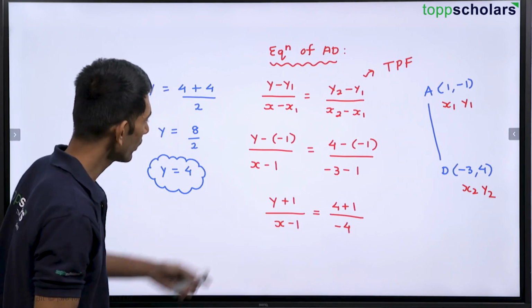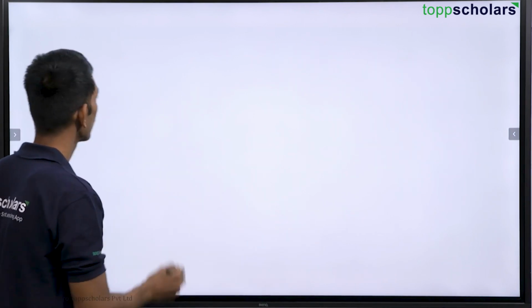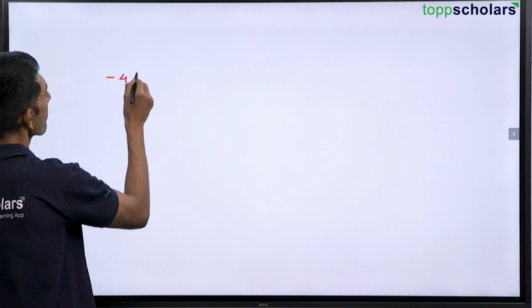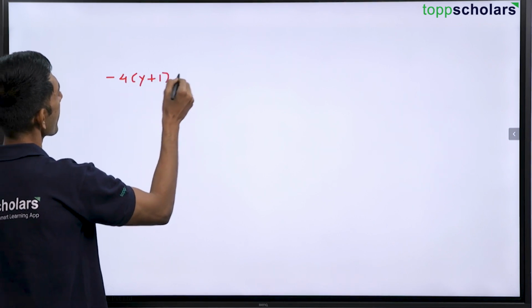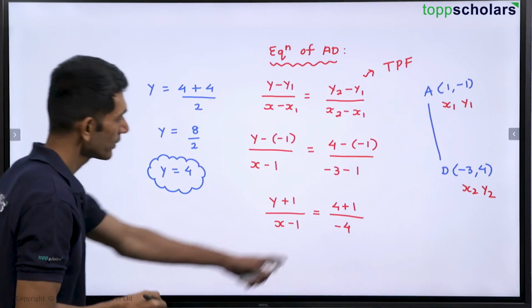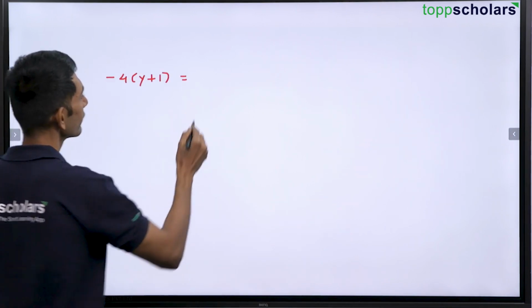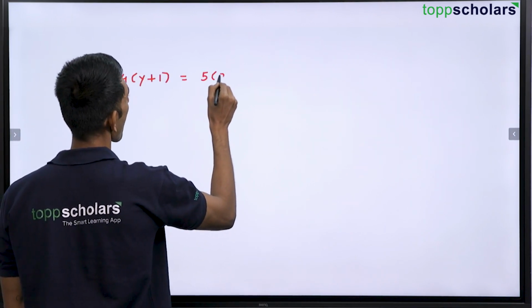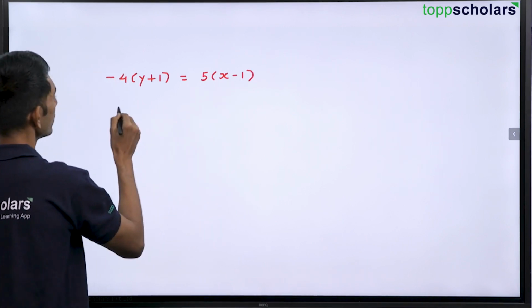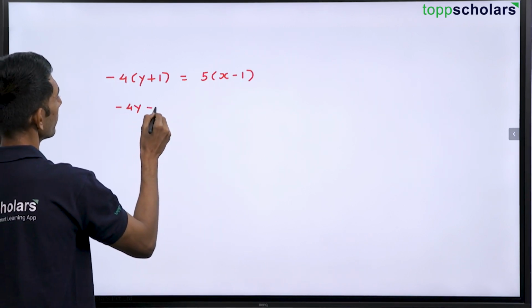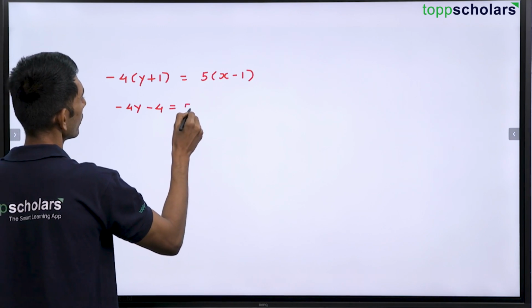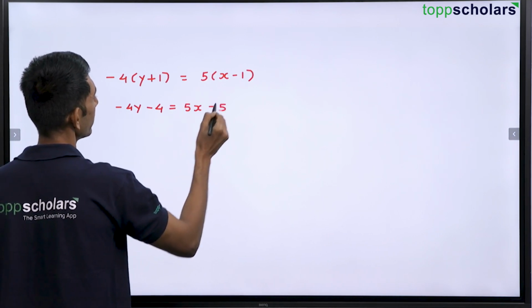Now you shift minus 4 here. You get minus 4 into y plus 1 is equal to 4 plus 1 is 5, 5 into x minus 1. So this becomes minus 4y minus 4 is equal to 5x minus 5.